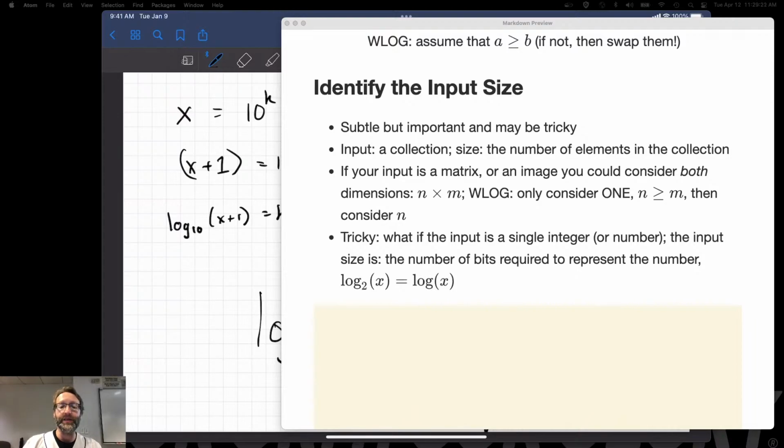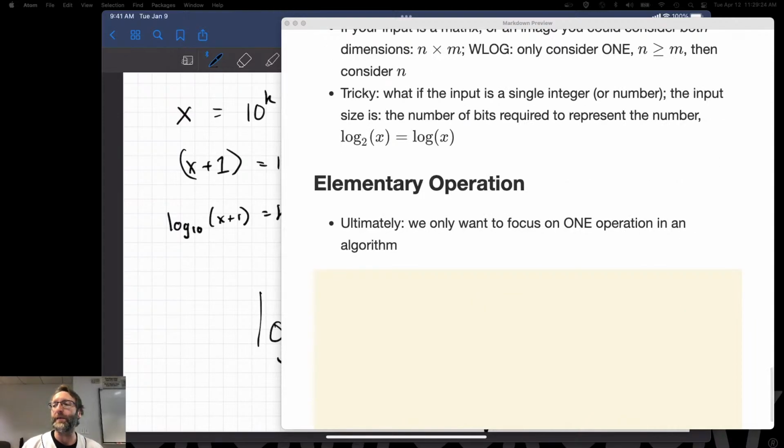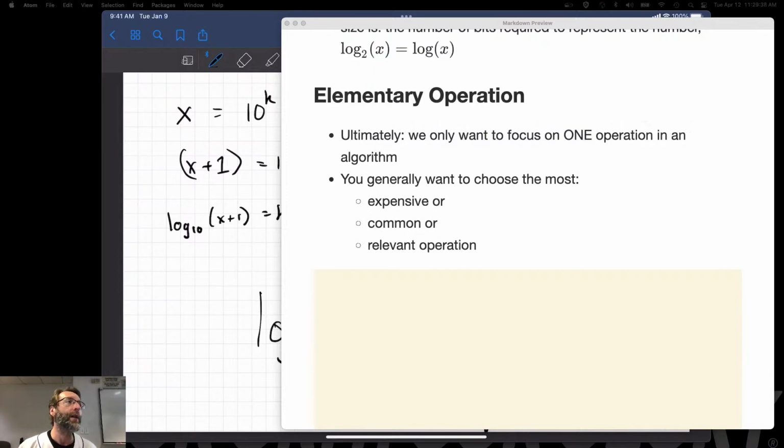Ultimately, the third step here is going to be, again, you're going to want to focus on one thing. When you think about the elementary operation that is required for this algorithm, which one do you want to focus on? You're generally going to focus on the most expensive, the most common, or the most relevant operation.